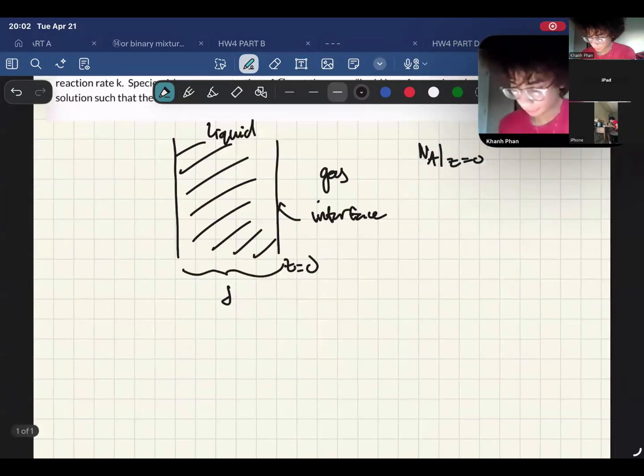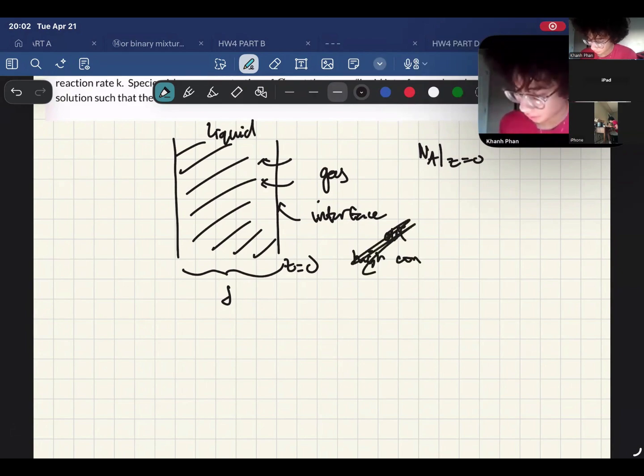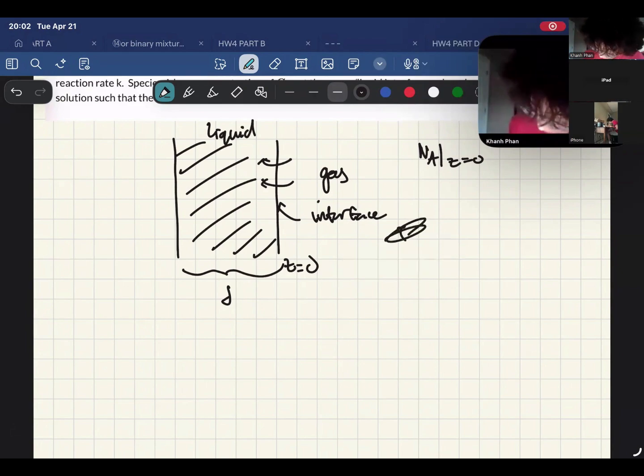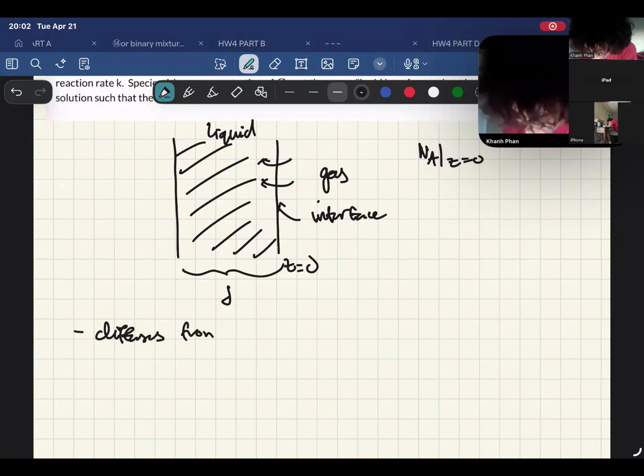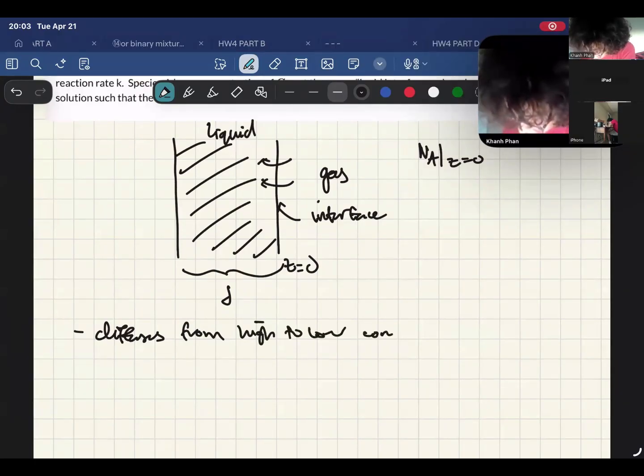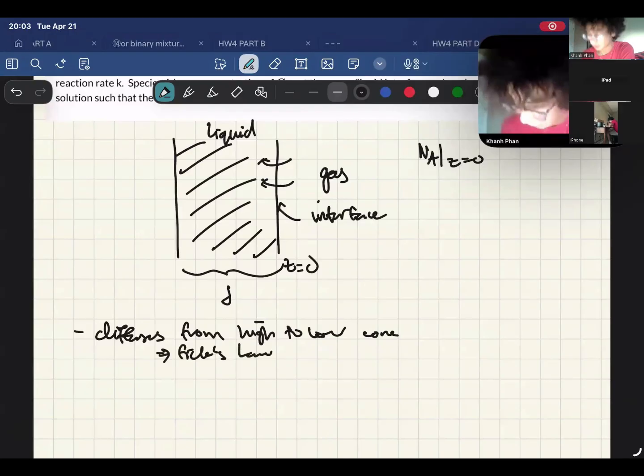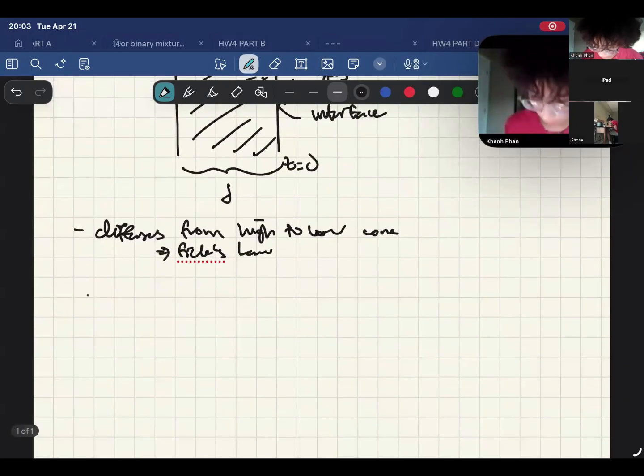First, we know that gas goes through the liquid, diffusing from high to low concentration. We're going to use Fick's law because this is not moving by convection.